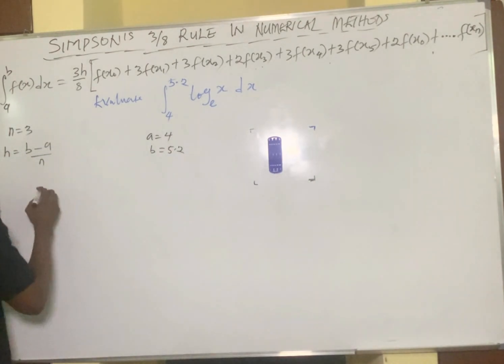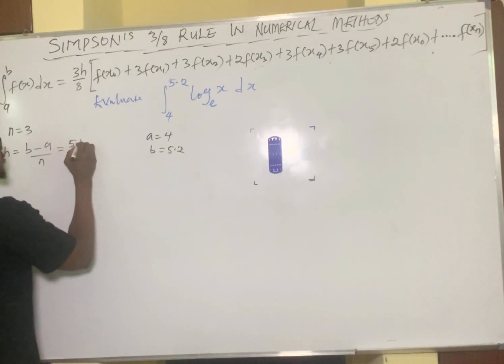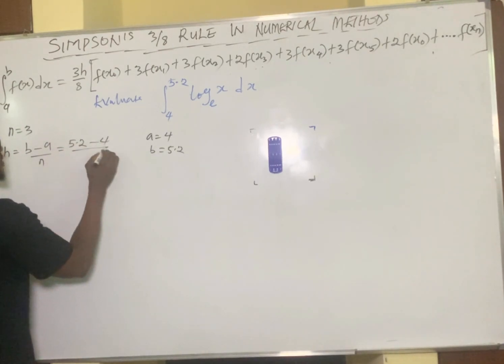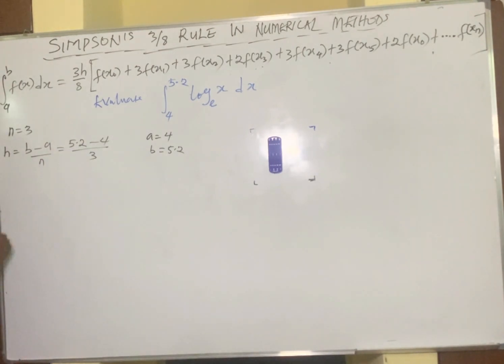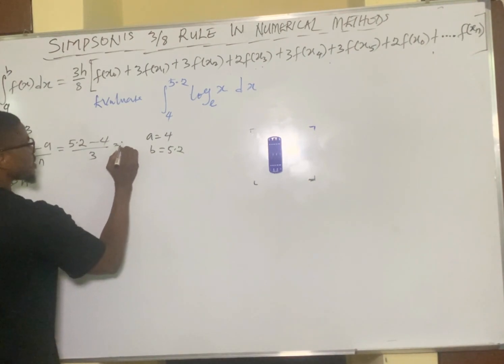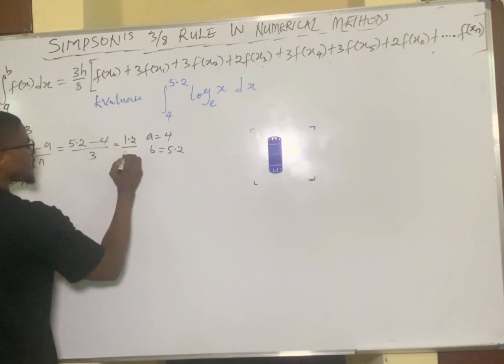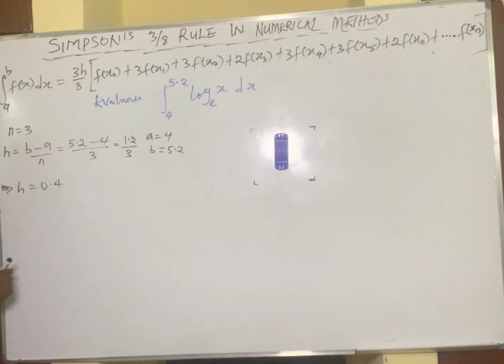So h is 5.2 minus 4 divided by n. We've taken 3 to be our number of subintervals. So this simply implies that h is equal to 5.2 minus 4, which is 1.2, divided by 3, and that gives us 0.4. So h itself is 0.4.